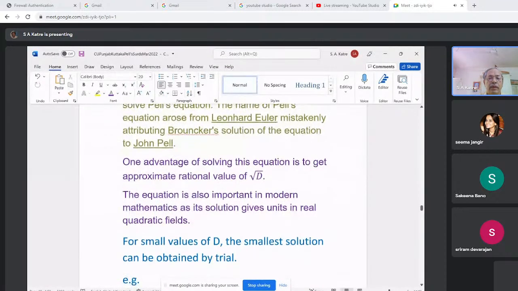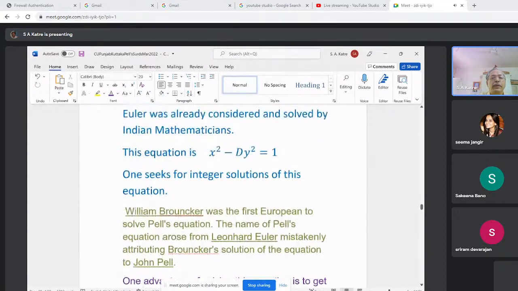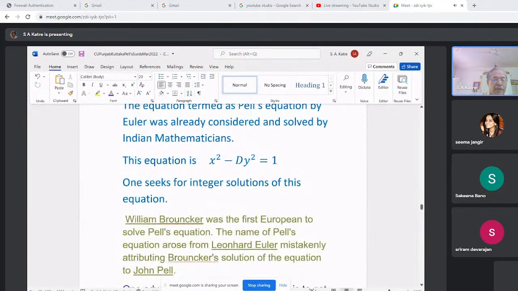And now, why do we solve this, and what is the advantage of solving this equation? So you see, if you look at this equation, x square minus d y square is equal to 1. If x and y are large, you see that x square minus d y square is very close to 0. Right? You can replace 1 by 0 here. That is, x square is approximately equal to d y square.